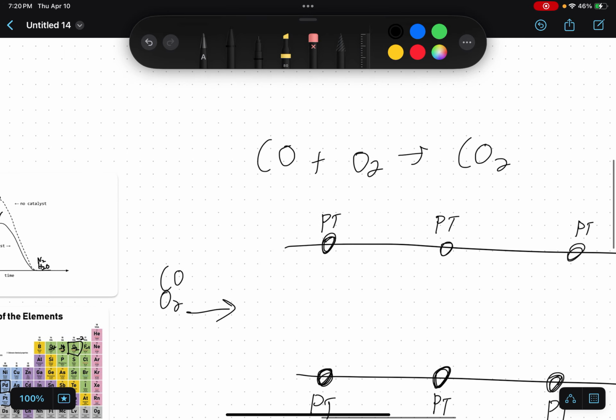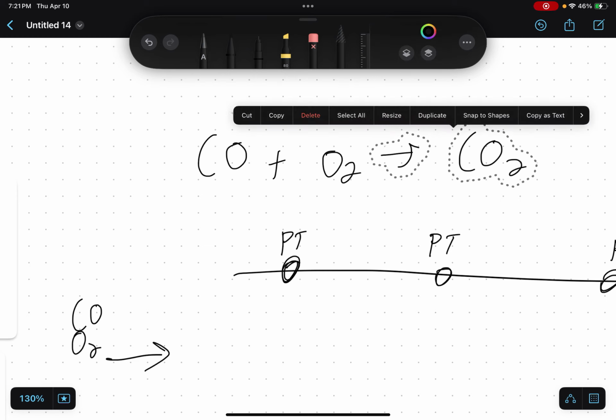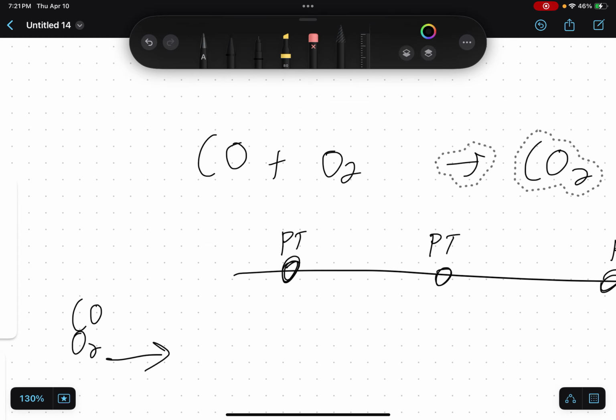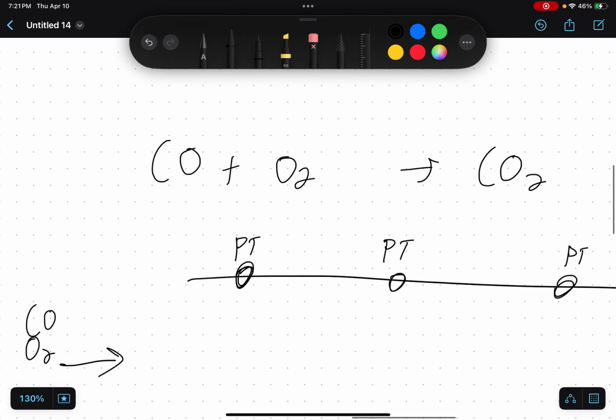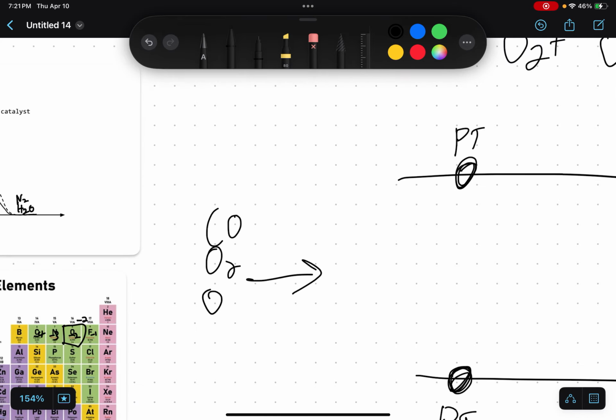There's O2, but in air normally, and especially after combustion, there's also free oxygen atoms. This is why I should have reviewed my notes before I started recording. That's okay. There are just free oxygens floating around, especially in combusted air.